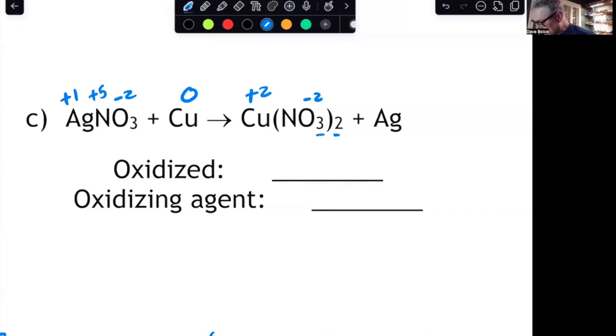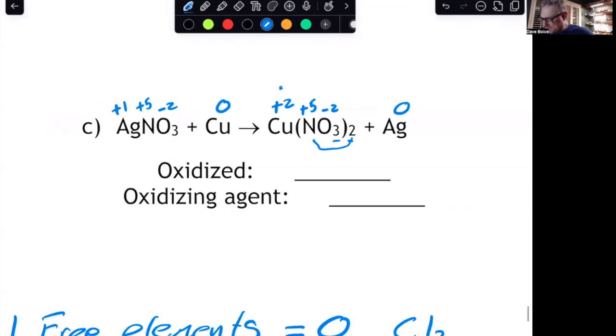That's 12 negative charges. I have 2 positive charges, so I have 10 negative charges altogether. But I have 2 nitrogens, so I can split the difference and put a +5 for each nitrogen. Remember, the oxidation number is per atom and not the overall charge we're needing to accomplish. Okay, so Ag all by its lonesome, it gets a 0.